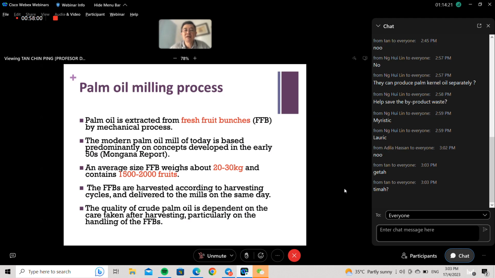Yes, Timah, two. We base our economy on tin mining and also rubber. But during that time, the tin reserve in Malaysia is almost depleting, while at the same time natural rubber is receiving huge competition from the newly developed synthetic rubber.